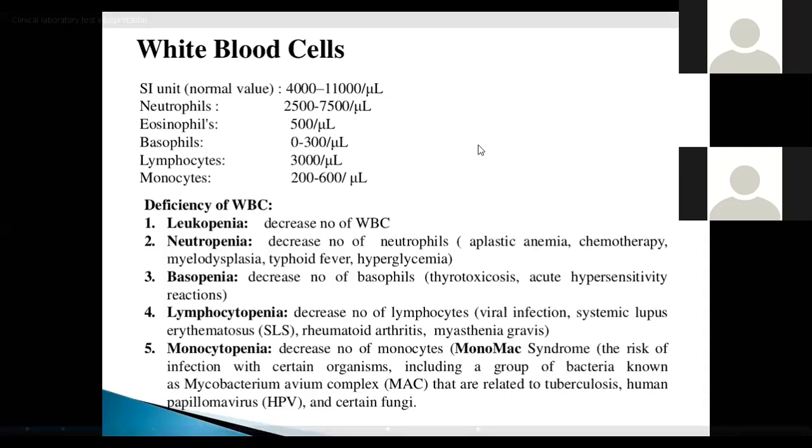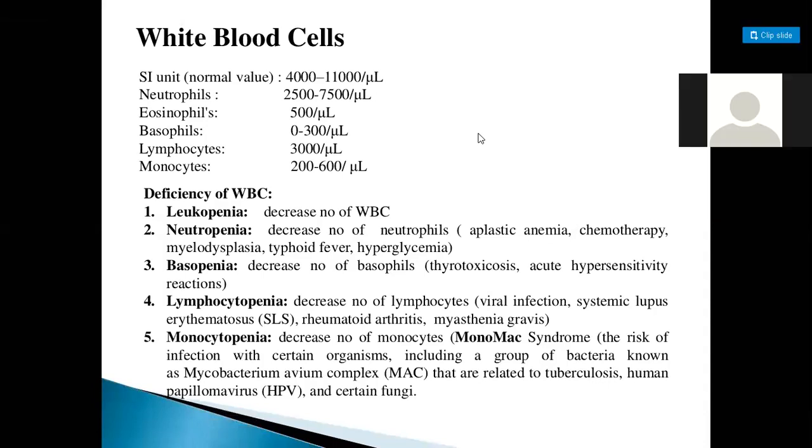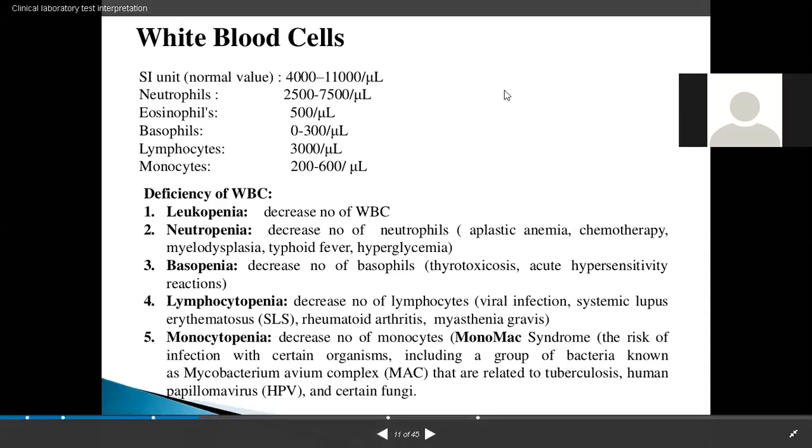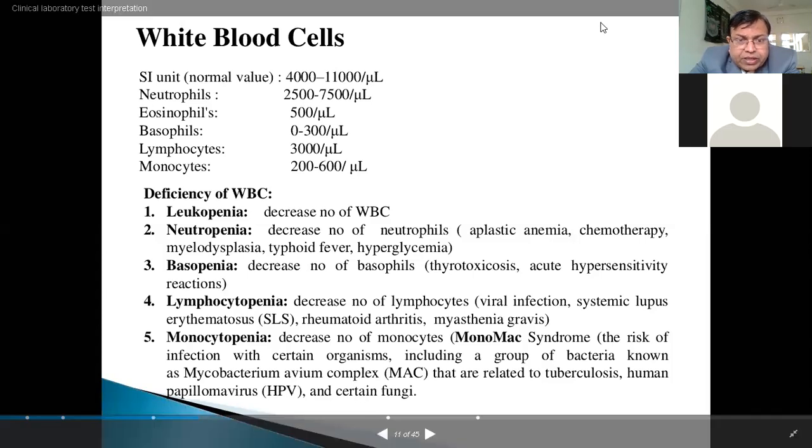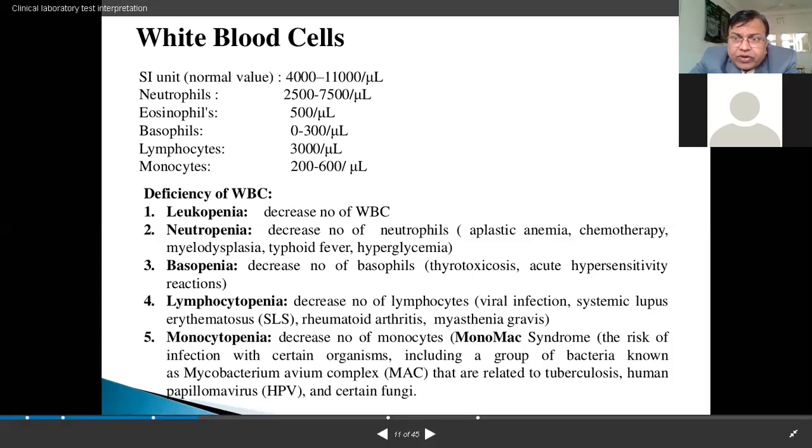Okay. Now, deficiency of WBC. Leukopenia: decreased number of WBC. Neutropenia: decreased number of neutrophils.